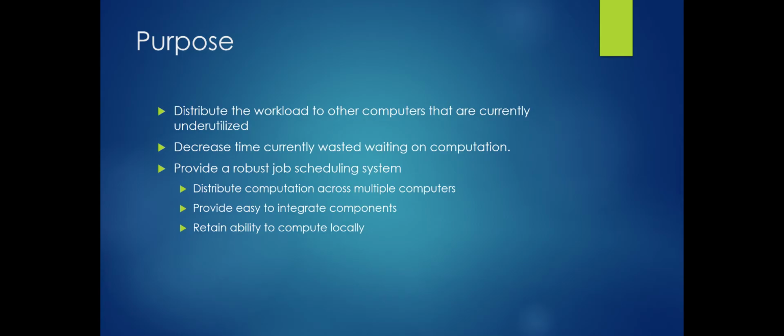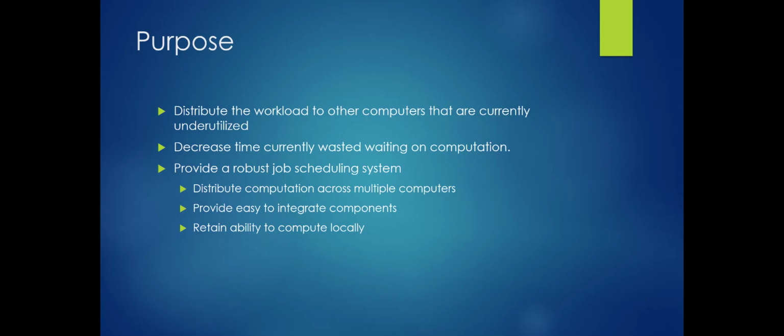This causes a giant waste of users' time, because what will happen is they'll define a simulation and then they will click compute, and that compute locks their application until it has completed. So one of our main purposes here is to decrease the amount of wait time that users experience when using the application.